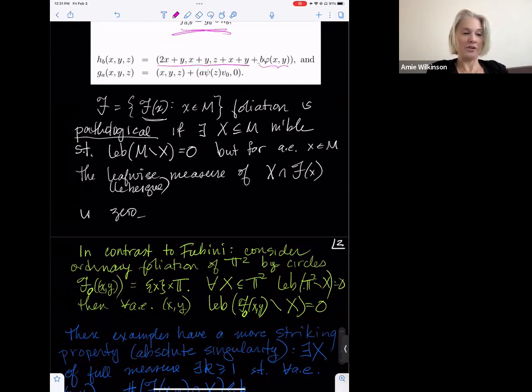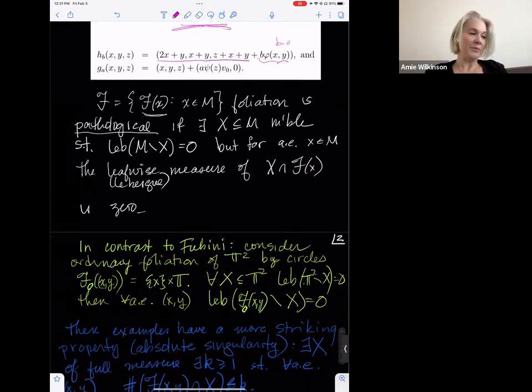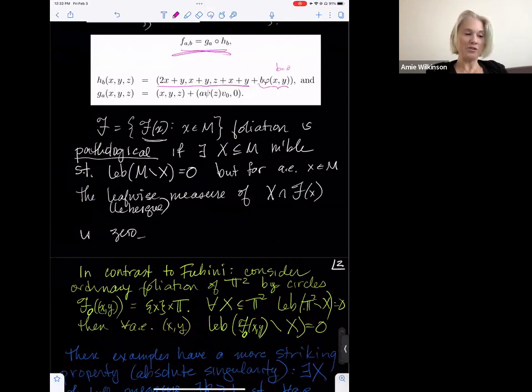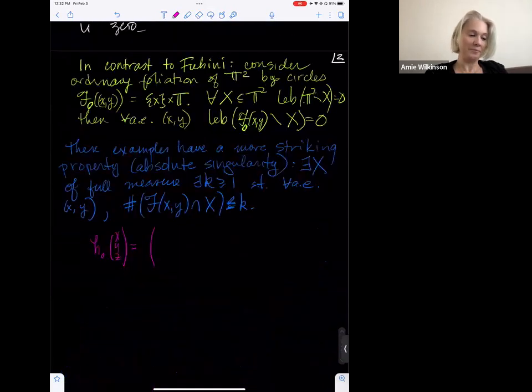if you throw away this term, we start with a map. When B is 0, this goes away. And we start with this map H0, which is just a linear map on the 3-dimensional torus given by the matrix 2, 1, 0, 1, 1, 0, 1, 1, 1.